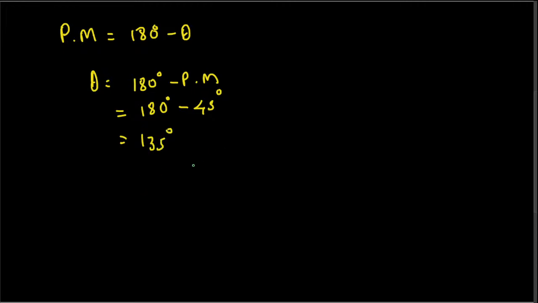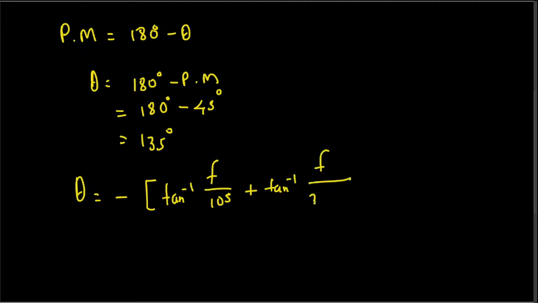Now once you have theta, there's a relation between theta and the pole frequencies: theta is equal to negative tan inverse of f over the first pole frequency, which is 10 to the power of 5, plus tan inverse of f over the second pole frequency, which is 3.16 times 10 to the power of 5, plus tan inverse of f over the third pole frequency, which is 10 to the power of 6.